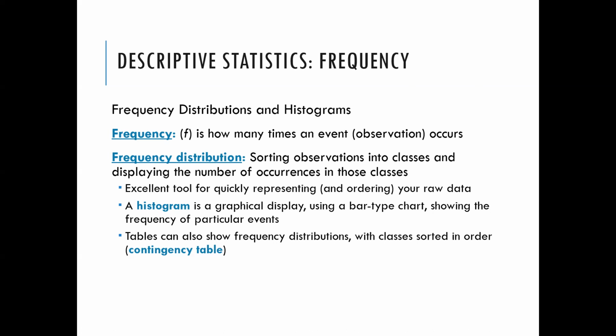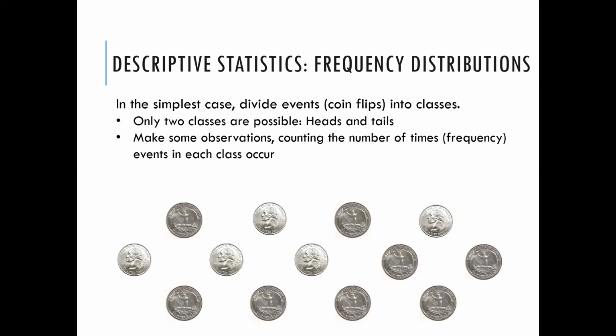In a table, we would just sort our data within classes and then display the number of individuals or number of observations that fall within those classes. We refer to that as a contingency table. So what does this actually look like? This is a very simple example.